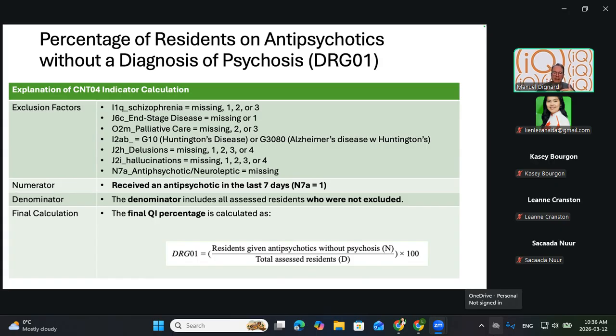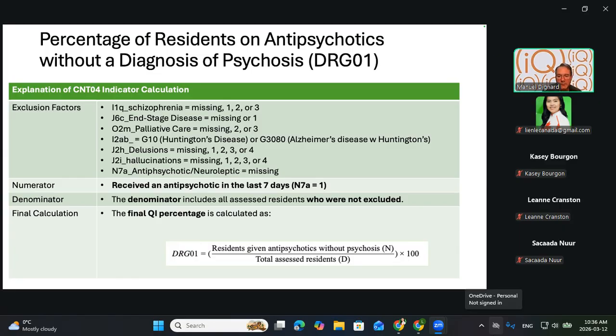And it flags that potential overuse or misuse of those antipsychotics. We use these to audit medication practices, to trigger medication reviews, especially for residents without that clear psychiatric diagnosis.